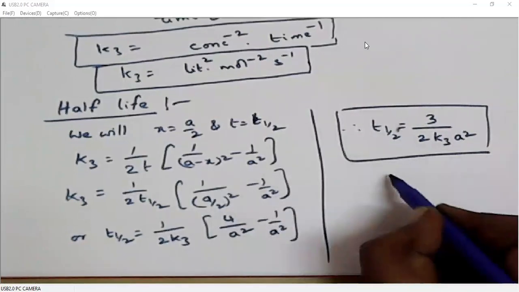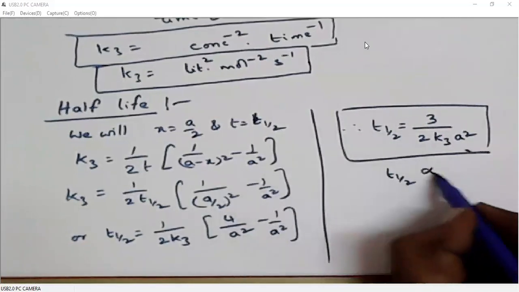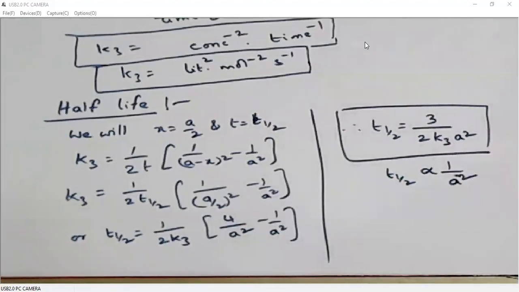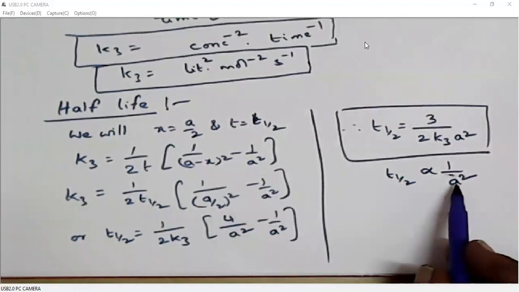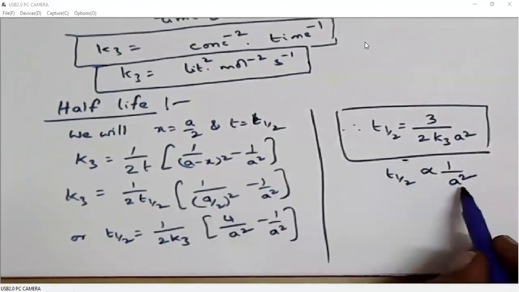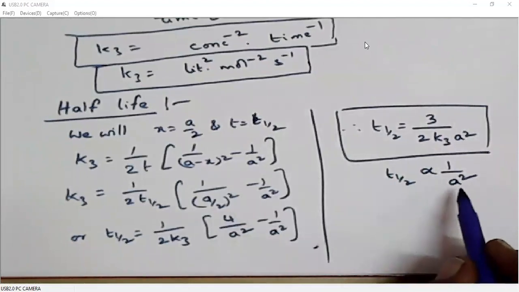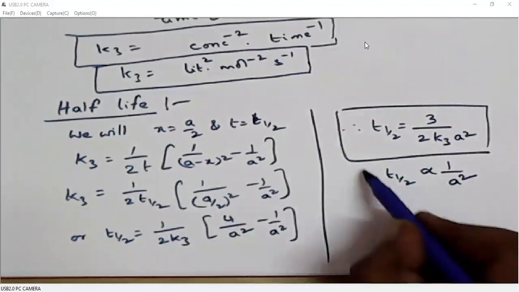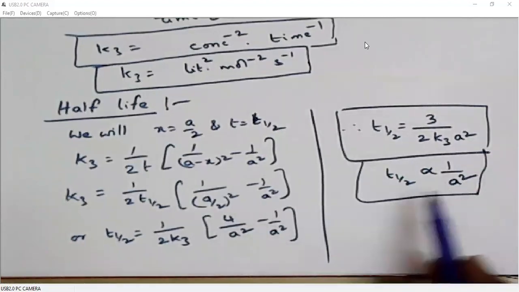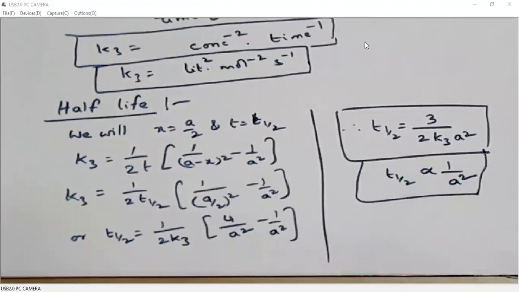Or simply we can say t half is inversely proportional to square of the initial concentration of the reactant. So when we increase the initial concentration, t half will decrease. When we decrease the initial concentration, t half will increase.